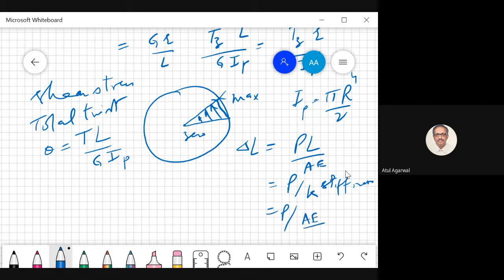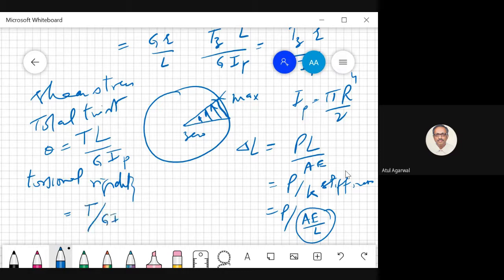EA by L. That's the stiffness for the bar. And this is called torsional rigidity. What is that torsional rigidity? T upon, GIP by L. So you see there is a correspondence between uniaxial load and twisting of a bar, twisting of a rod.